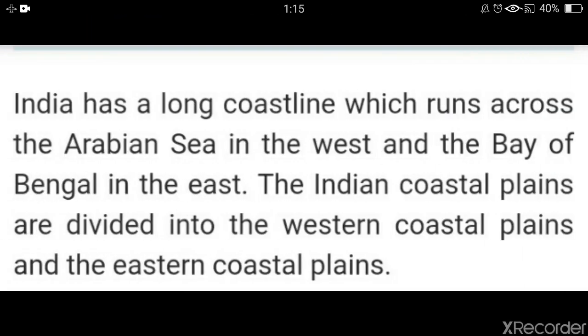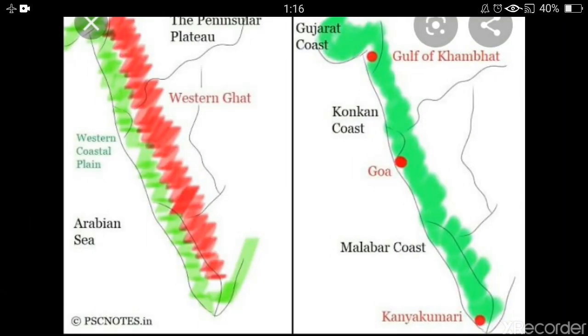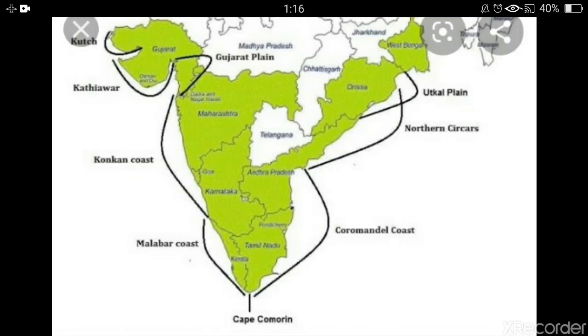Let's discuss the features of these coastal plains. India has a long coastline which runs across the Arabian Sea in the west and the Bay of Bengal in the east. The coastline starts from Gujarat and after crossing Kanyakumari it moves towards the east and goes along the Bay of Bengal.